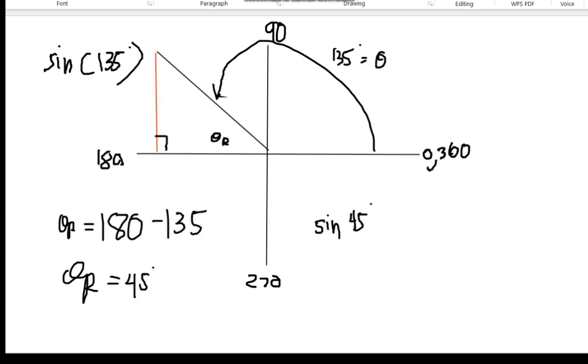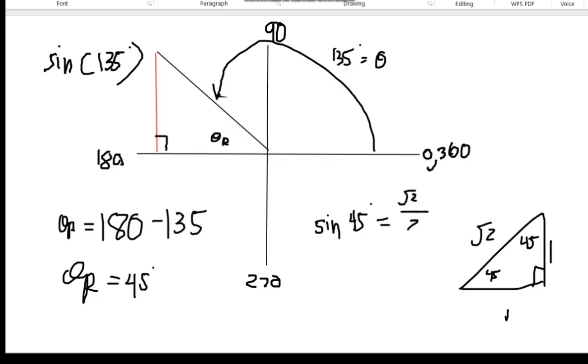So ang hinanap is sine 135. So we will use sine again. So sine 45 degrees. So we all know we have a right triangle, right? We have 45, 45 here. We can actually draw this all the time. So ang sine 45 na derive natin kanina is root 2 over 2.